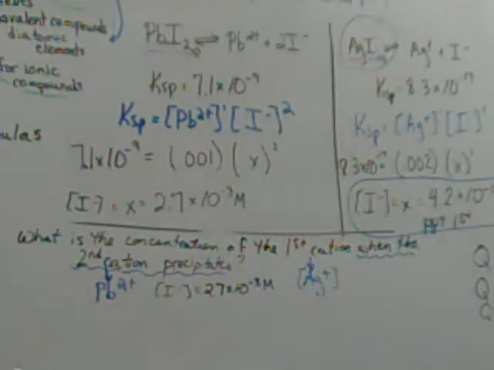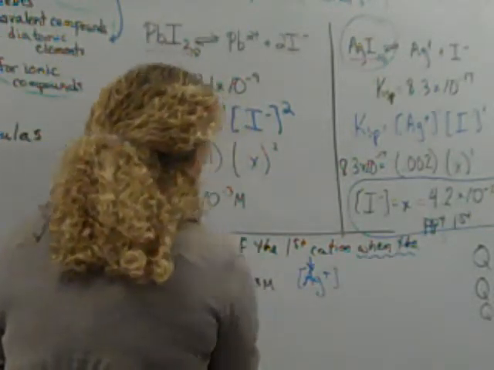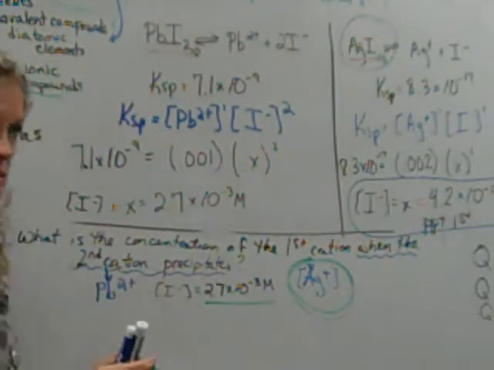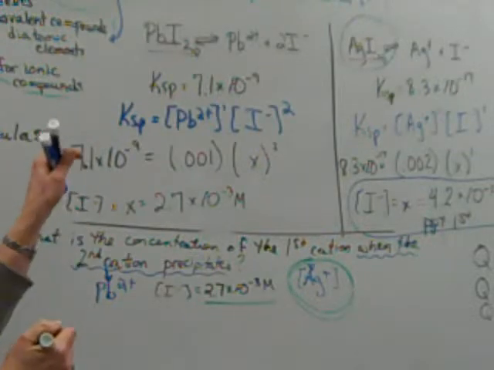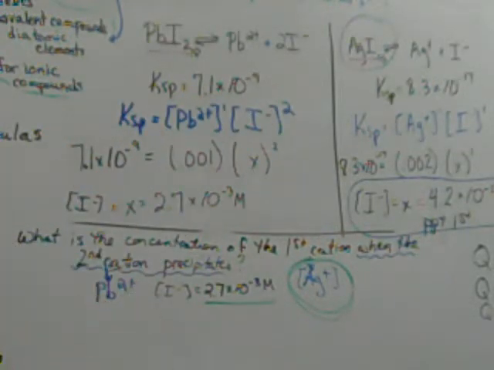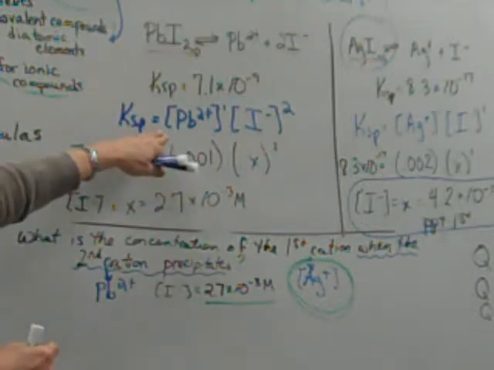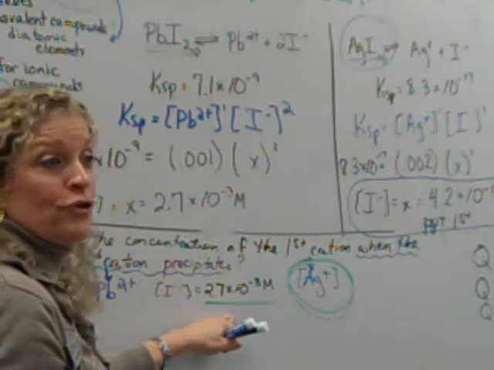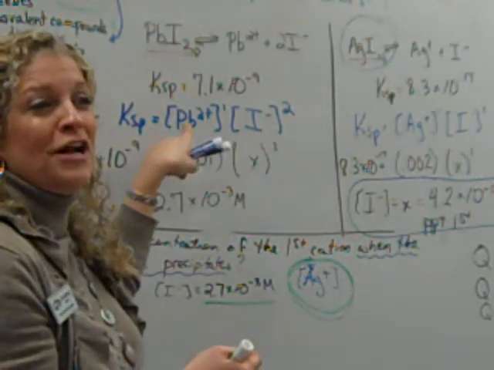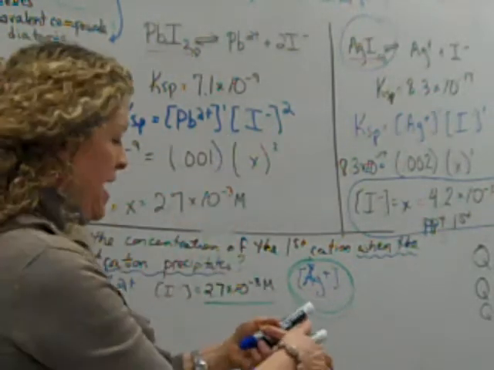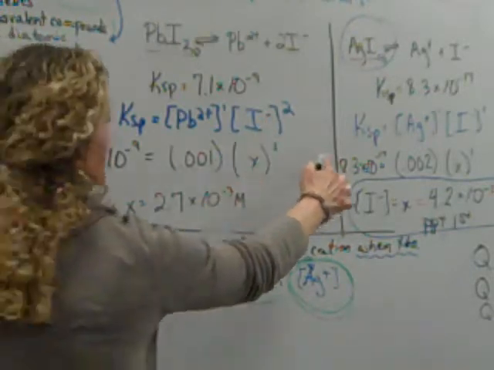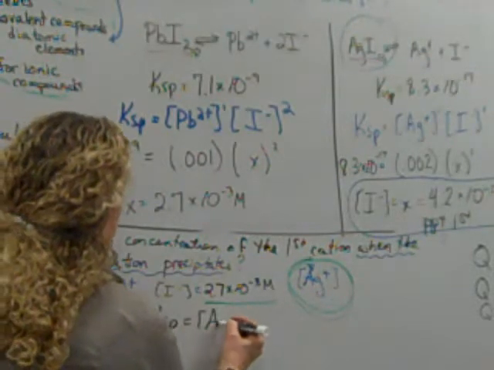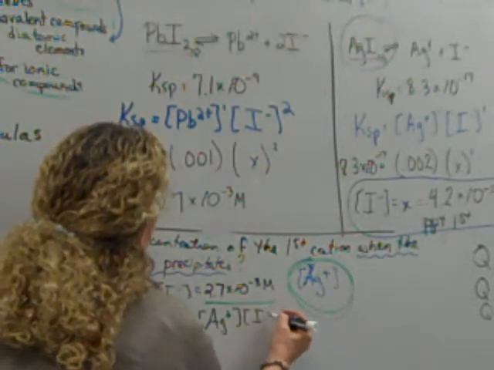So, what we're solving for is this, but what we have to use is this. So, which KSP expression am I going to have to use? The one with the lead or the one with the silver? The one with the silver, because we have to solve for silver. I can't solve for silver if silver's not in the equation, right? Okay, so we simply write down our KSP for silver and iodide.